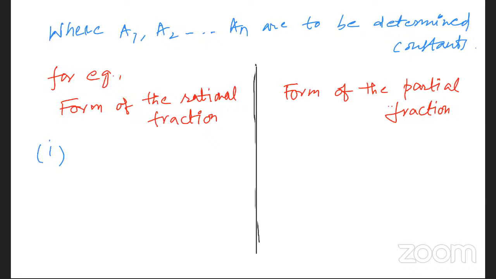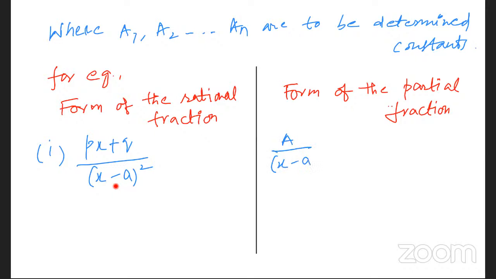One, suppose the form of the rational fraction is px plus q divided by x minus a whole square. This is a repeated linear factor. What is the form of the partial fraction going to be? According to the rule, a by x minus a plus b by x minus a whole square.